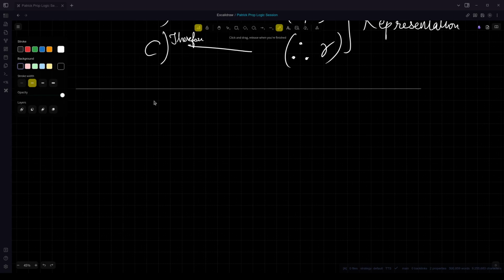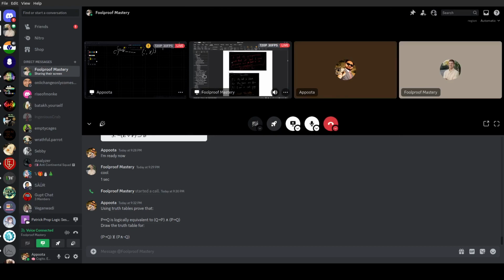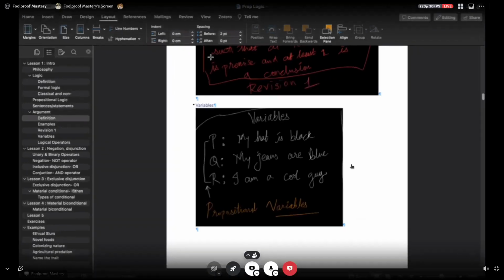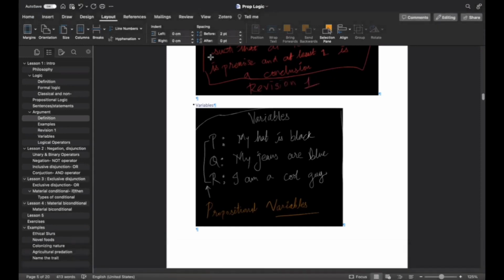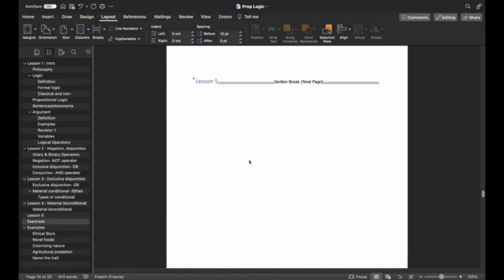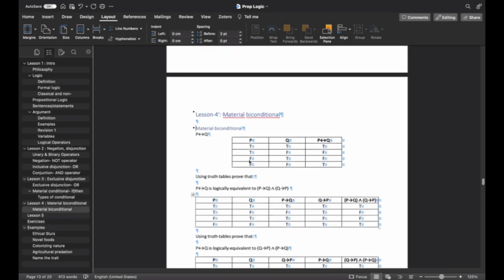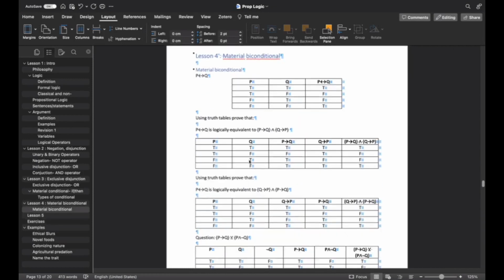Let me move my window. Can you see my screen? Yes. Alright, so, material biconditional.